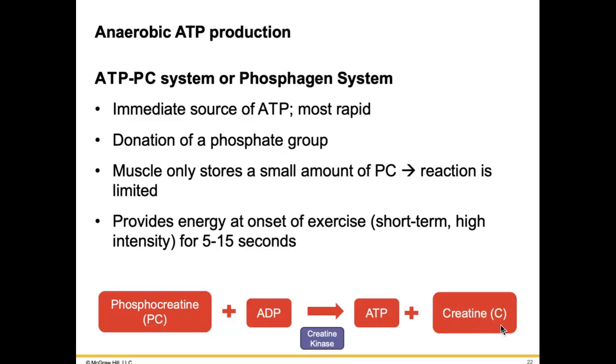So examples of exercises that would utilize this system are sprinting 100 meters, high jumping, rapid weightlifting, an American football player racing 10 yards downfield, really short, intense bursts of exercise. And in order to recreate these phosphocreatines, we are going to require ATP to be present, and this will reset during the recovery from exercise.